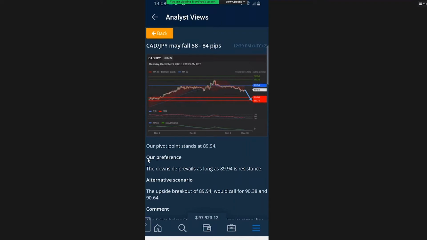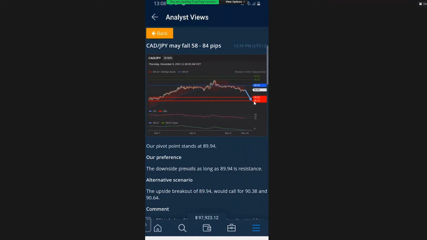It says our preference, the downside prevails as long as 89.94 is still resistance, meaning the price didn't break above 89.94. And then they're showing take profits down here around 88.74 or a little higher than that.